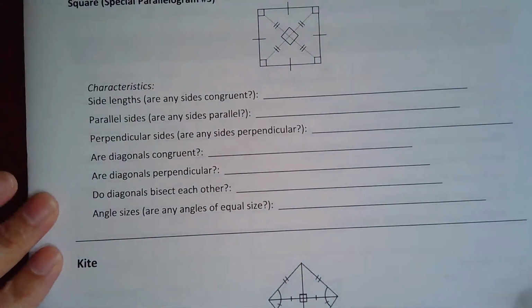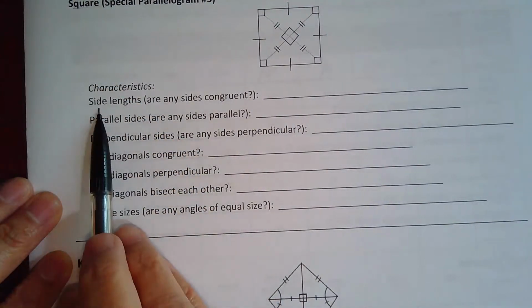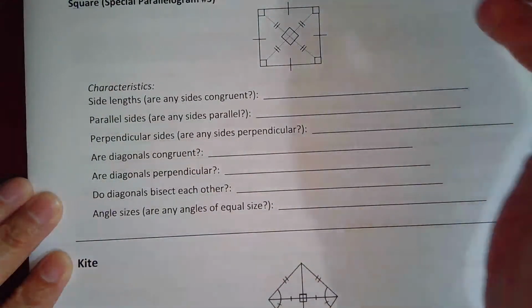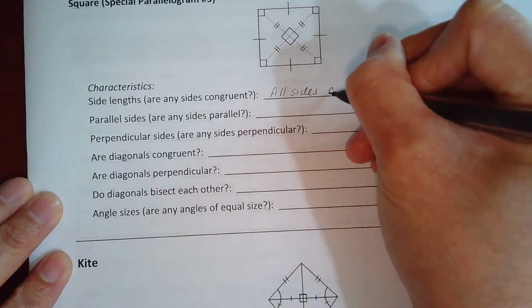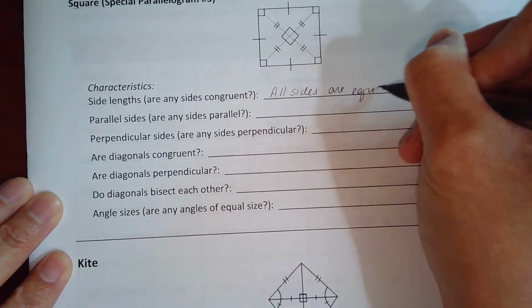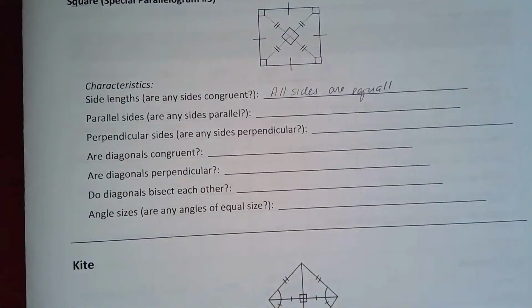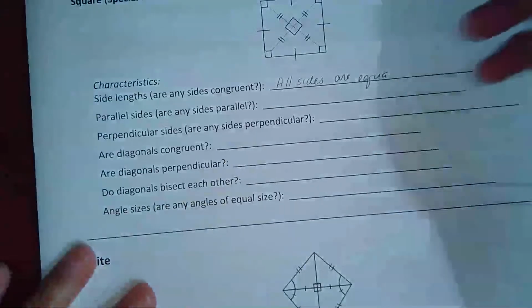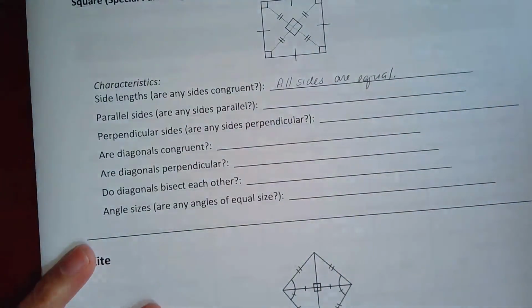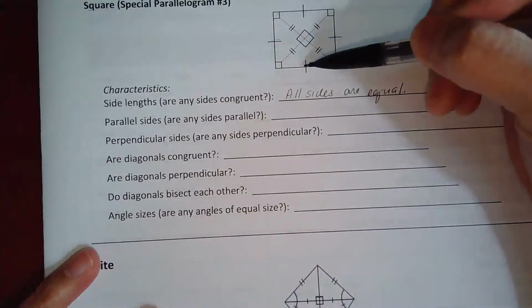Now this is even more interesting because we are very familiar with the square. So what are the characteristics? Side lengths, any congruence? All sides are equal. As you can see, there are hash marks on each side.